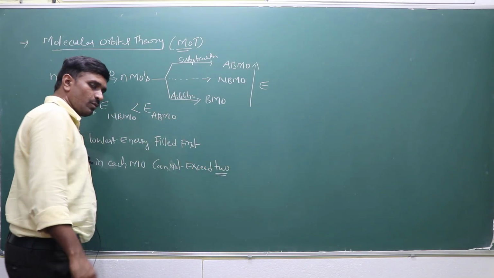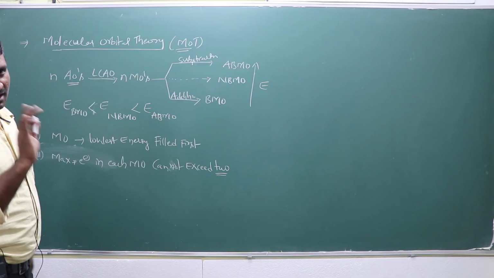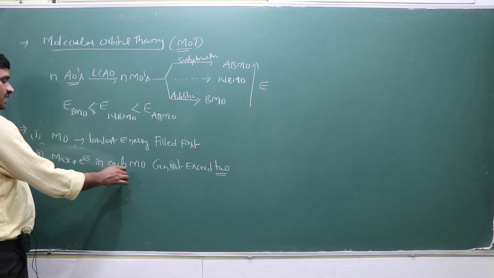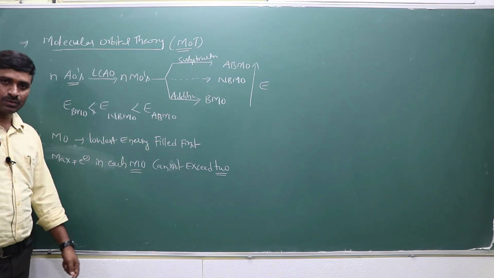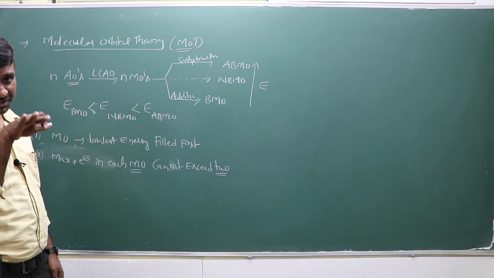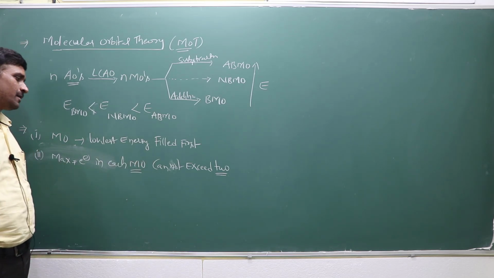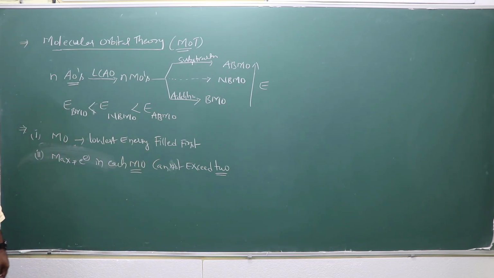Cannot exceed 2 means only 2 electrons at most. It may be 1, or 2, or the orbital may even be empty. It cannot exceed 2.